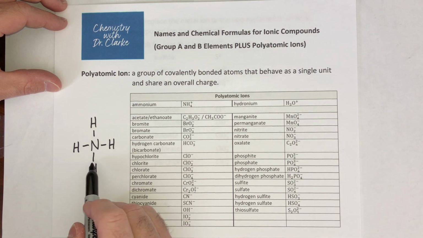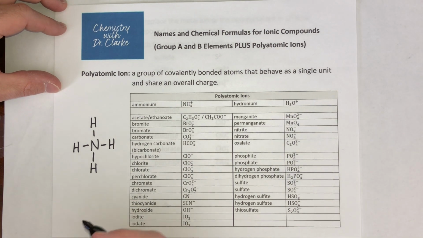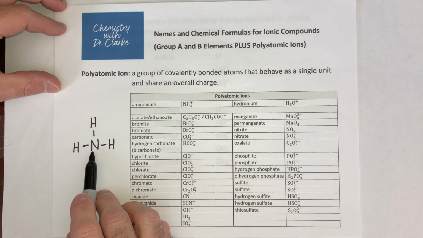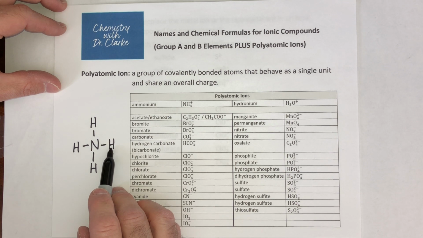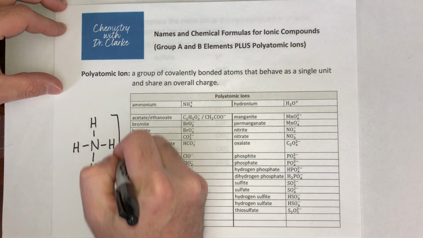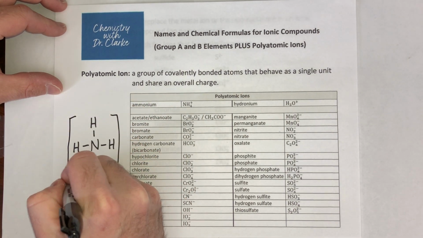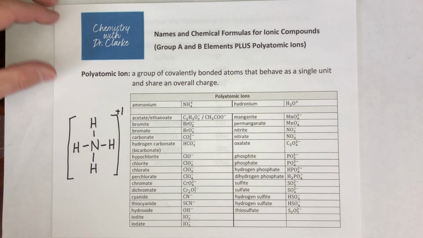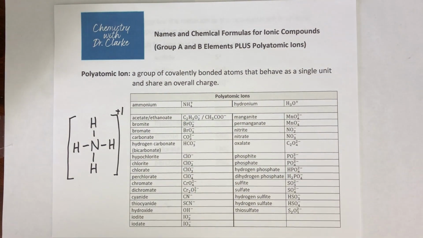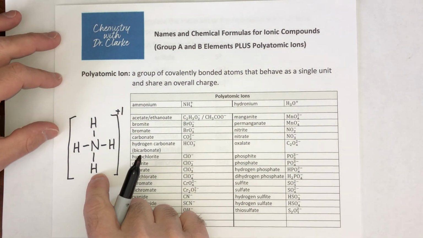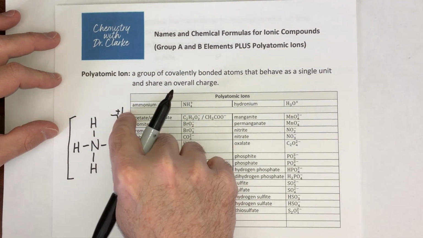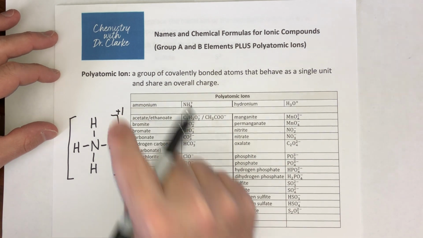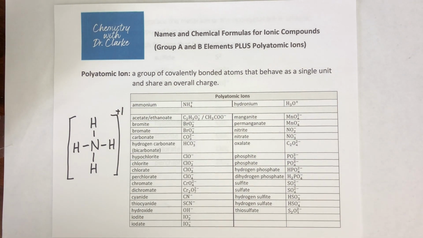All of these bonds are covalent bonds, sharing of electrons. So this nitrogen shares electrons with the hydrogen. But the group, all of these atoms together, ends up with an overall charge of +1. So although the core of a polyatomic is covalently bonded, as a group they have a charge, and so as a group, they act like an ion.